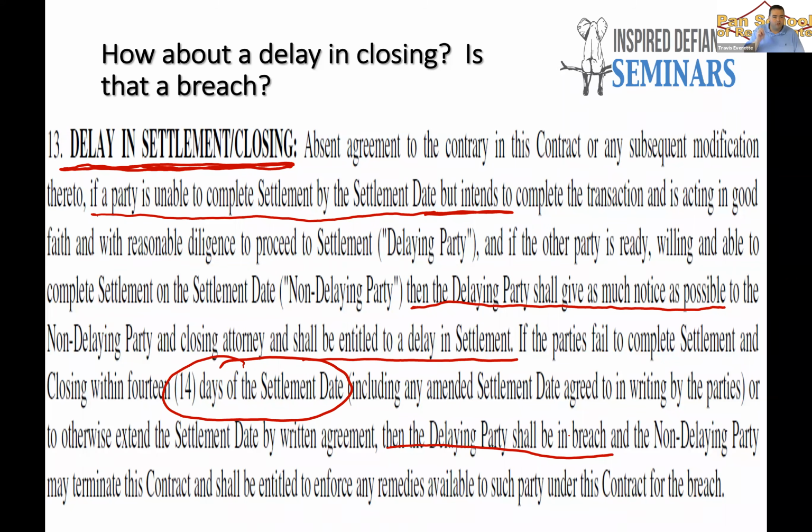And on the day of closing, the seller says, I didn't get moved out in time. I need another week. Does the seller have that right if this contract has been used? Yes. They do. They actually have that right to delay up to how many days? 14 days.